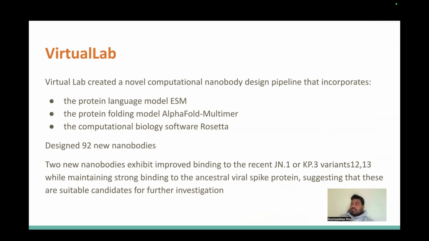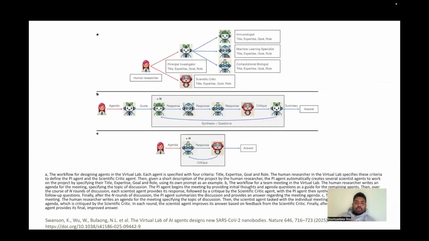So agents do not only have access to other LLMs, they have access to something called tools, like a calculator. It can have access to Bing search, right? And nowadays it has access to browsers as well. Okay. And with this virtual lab, they found that they were able to design 92 new nanobodies.